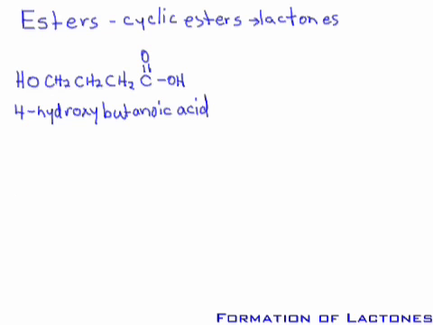And suppose I take 4-hydroxybutanoic acid, which, by the way, has a common name as a carboxylic acid. Here's the alpha carbon, the beta carbon, the gamma carbon. So this is gamma hydroxybutyric acid.